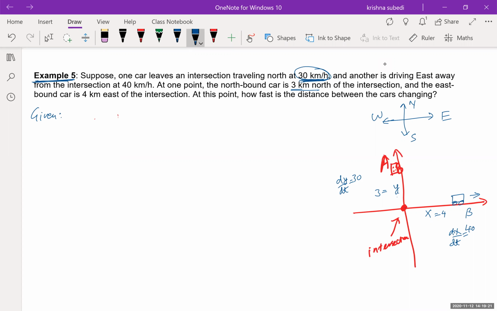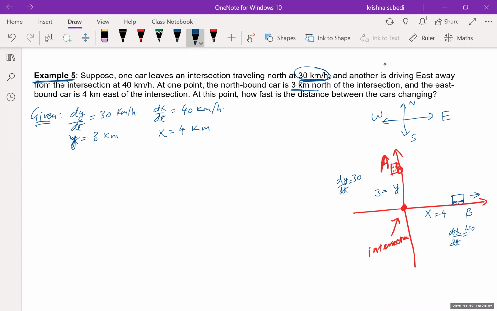What is given here is dy over dt is 30 kilometers per hour, dx over dt is 40 kilometers per hour, and y is 3 kilometers and x is 4 kilometers.